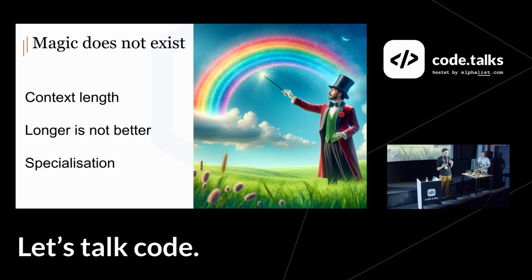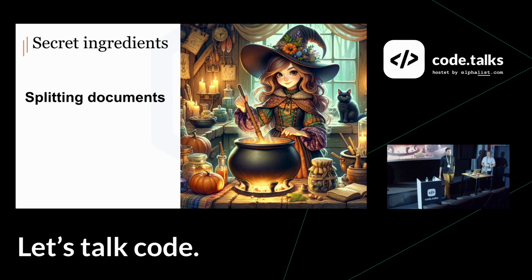When it gets to, for instance, vector embeddings and how we split the documents, it's all about what context length we can use from a specific LLM, and putting more documents there is not necessarily better. And overall, you always need to come up with some way of splitting the context you have.